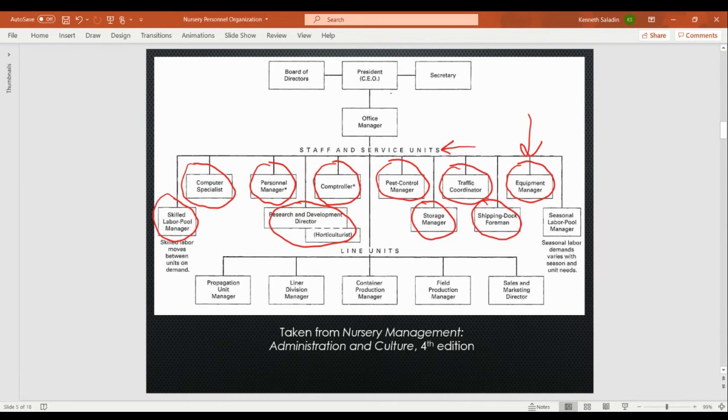And then a seasonal labor pool manager. So this would be the unskilled labor. So we saw skilled labor kind of way over on the left-hand side. So this particular person would be in charge of laborers that are just hired on for the season, so they're not full-time employees.